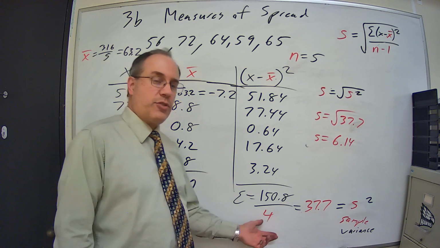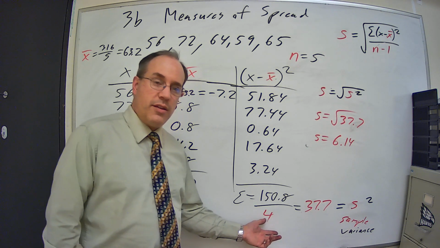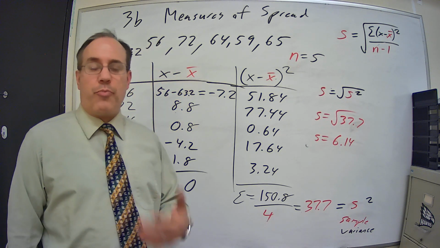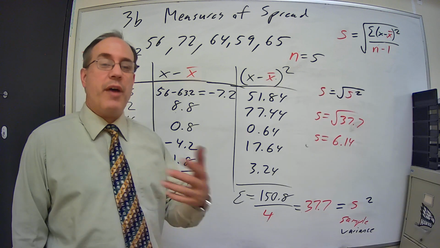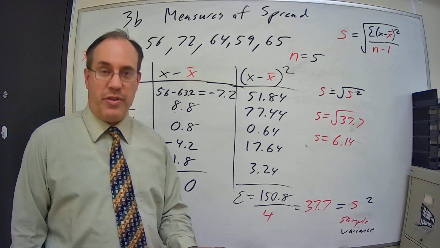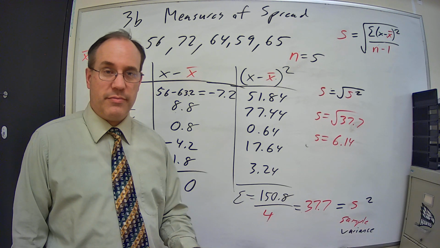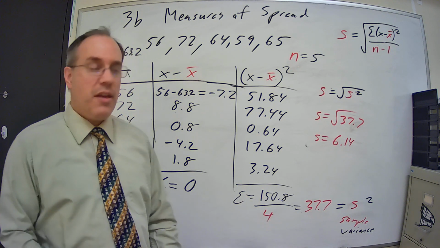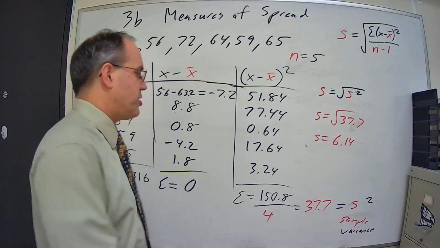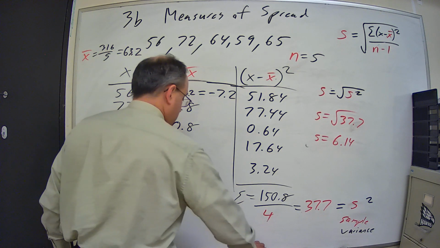Whereas if you subtract 1 from the sample size, then your sample standard deviation tends to better represent your population standard deviation. So that's the simple explanation of why we do this.